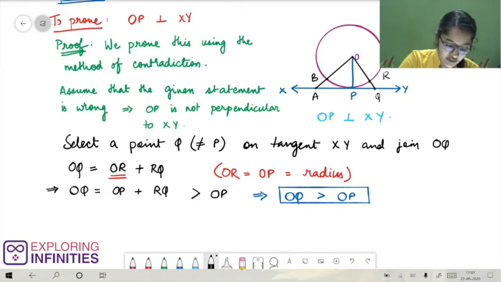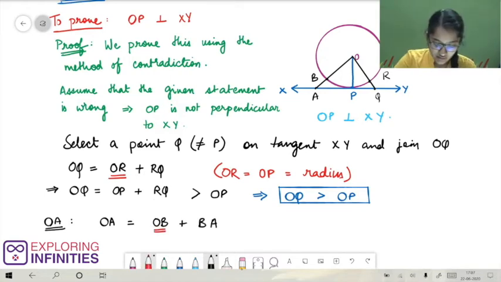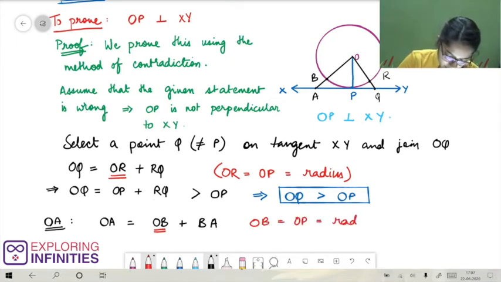Let us call that point B. Now for line segment OA, we can express it as the sum of distances OB and BA. So OA is equal to OB plus BA. Again, OB here is a radius of the circle having center O. That means OB is equal to OP, as they are both radii.